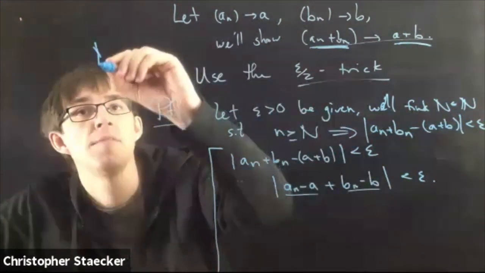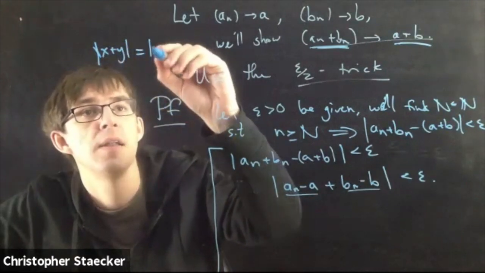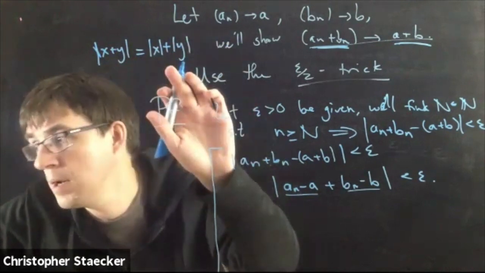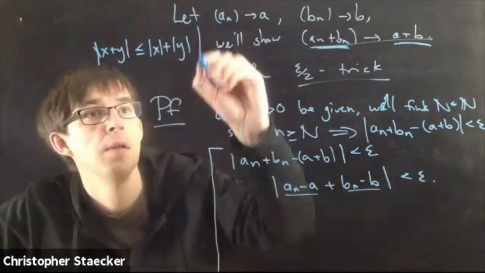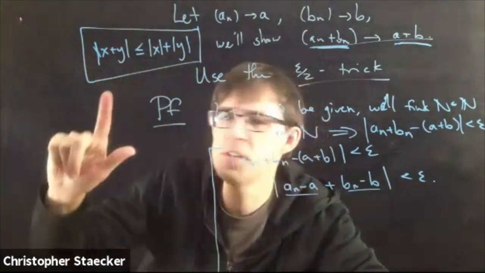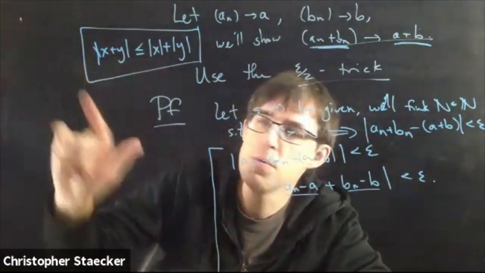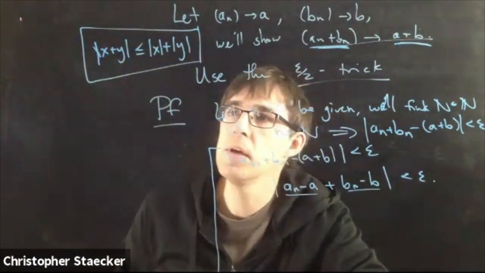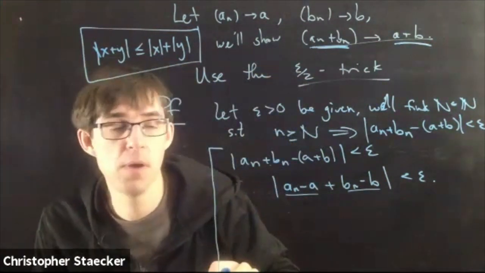Remember, if I have something like absolute value x plus y, this is not true, but this is true. This we talked about maybe on the first day of class, second day. This is the triangle inequality. It says if you have the absolute value of 2 things added together, it's less than or equal to the sum of the absolute values of the 2 things separately. And that's what we're going to use here with the old it is enough reasoning.